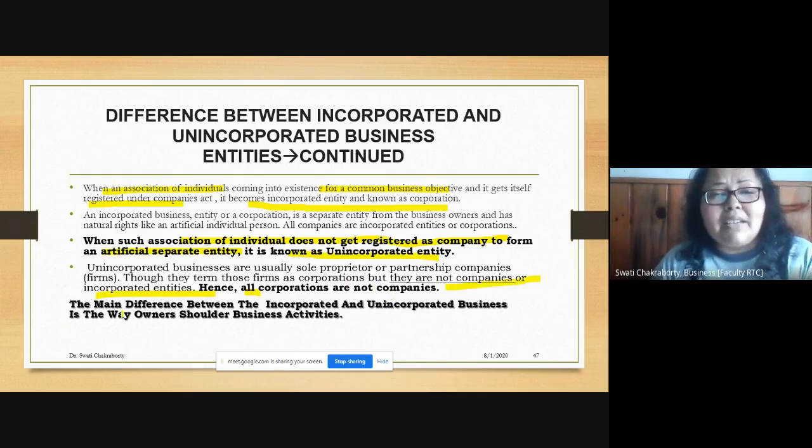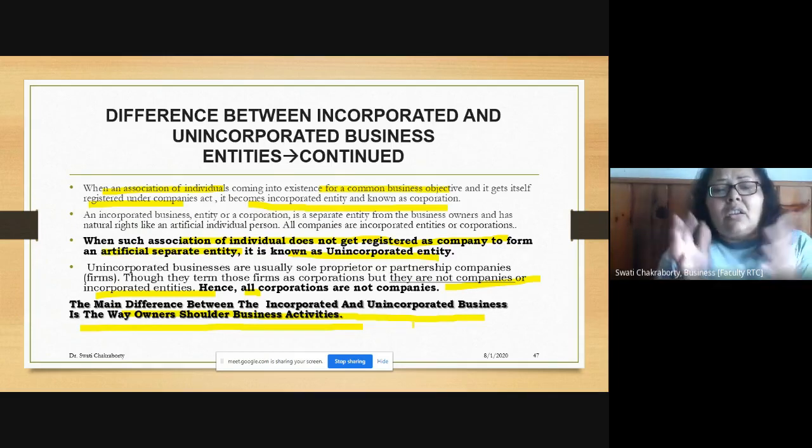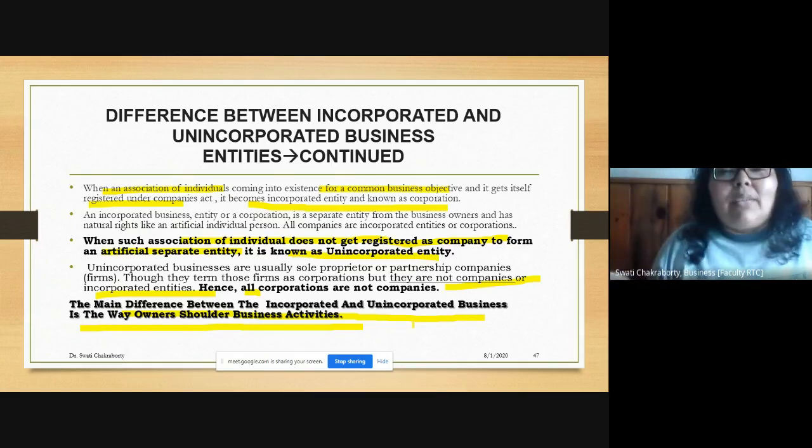So the main difference between incorporated and unincorporated business is the way owners take up the responsibility of their business activities.